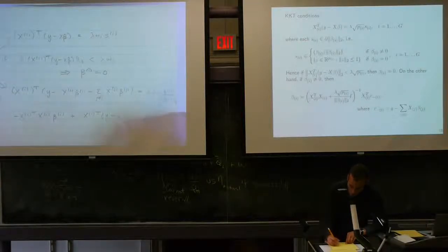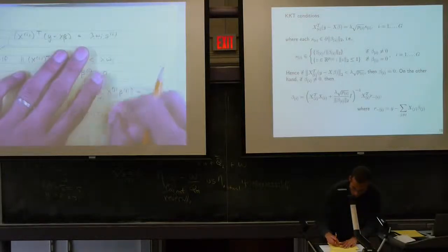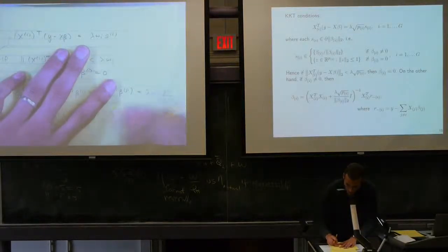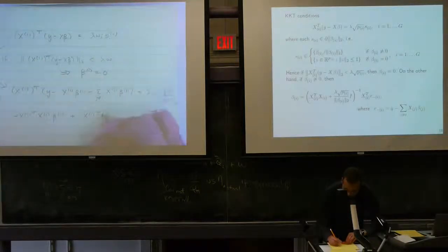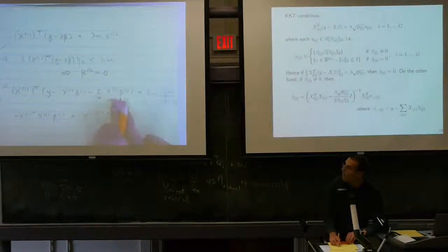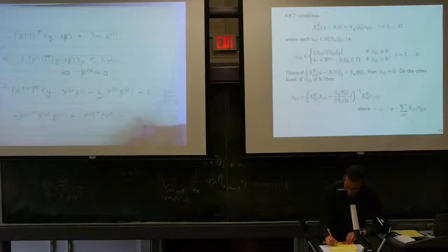I'm going to use a short form: R superscript I means the residual. I'll call the entire thing y minus all those guys R superscript I. It'll just be the residual if I don't include the ith variable. So it's y minus the sum of xj beta j for all the rest. I get this equals lambda wi times beta I over its norm.